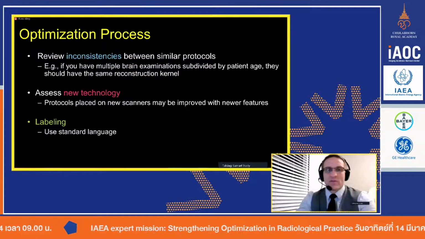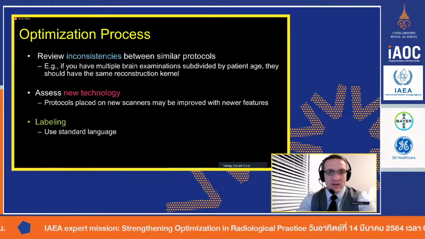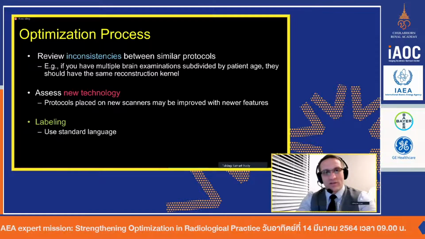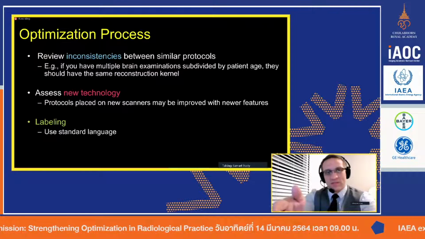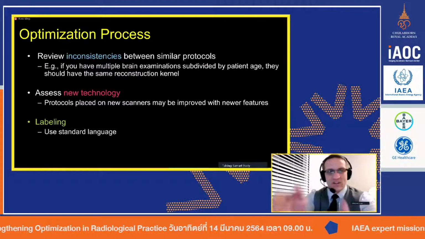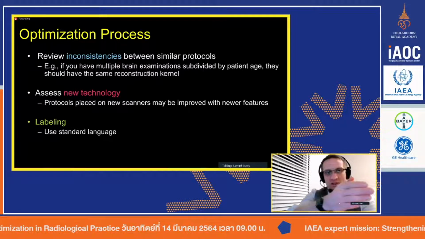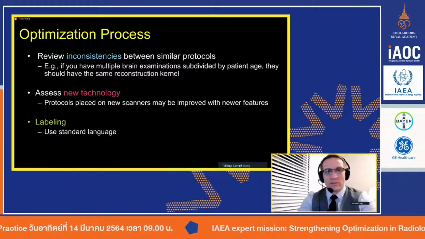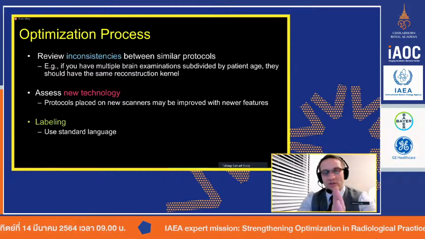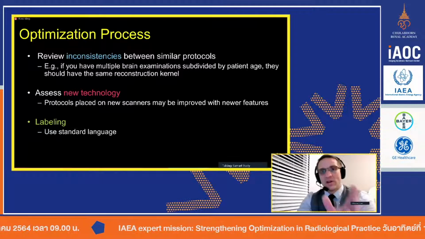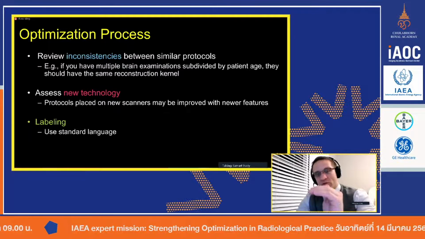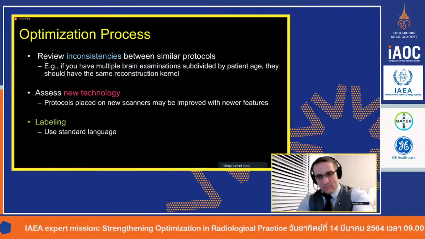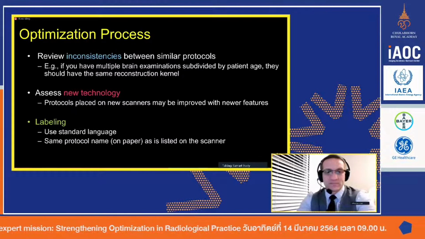Obviously, this is important for diagnostic reference levels, as we've already discussed, but it's very important also when you have, let's say, 10 CT scanners or 5 CT scanners at your hospital, and you need to make sure your protocols are fairly consistent in the way you label them, so there's never confusion, there's never a doubt as to when a specific protocol is ordered, which scan technique you're using.